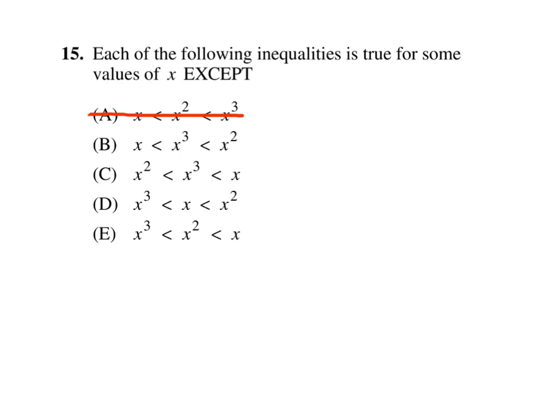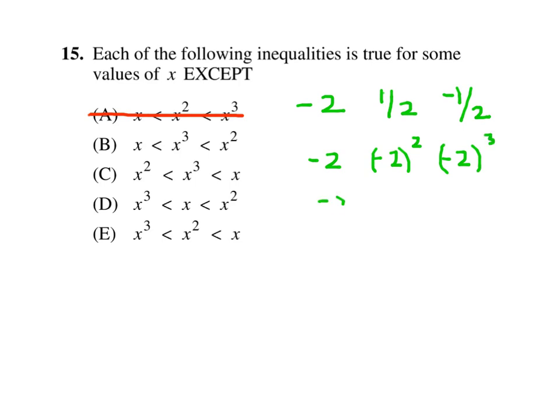So back to the question. We've already dealt with x equals 2, and that eliminated choice A. So what we've got left are negatives, fractions, and negative fractions. So let's look at -2. -2, -2 squared, -2 cubed. That's -2, 4, and -8.